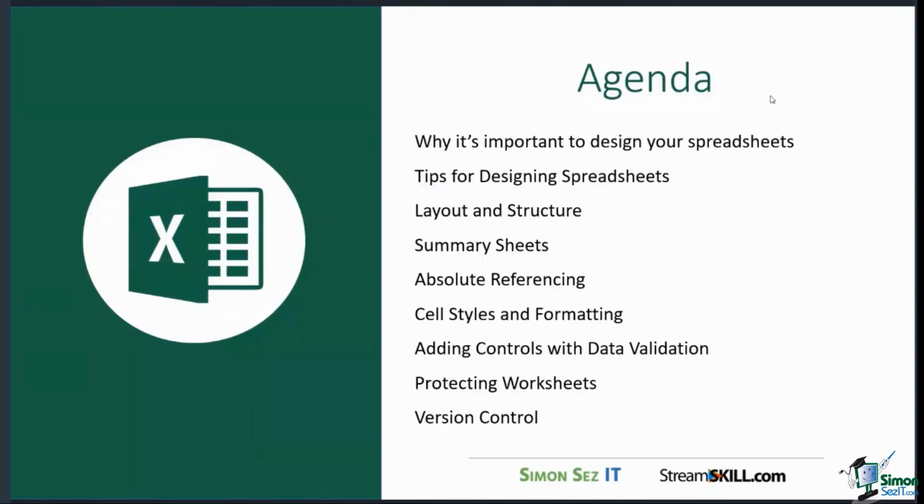We've then sent that spreadsheet to someone else, and within 10 minutes, they've managed to mess up all of the work that you've done. Now, that might be through that person's lack of Excel knowledge. They might not really understand what they're doing. It might be that they are confused about which parts of the spreadsheet they're supposed to be editing and which parts they're supposed to be leaving alone. Or it could just be a genuine accident.